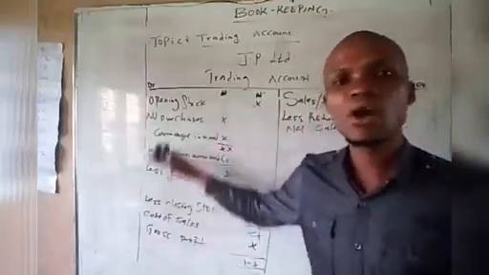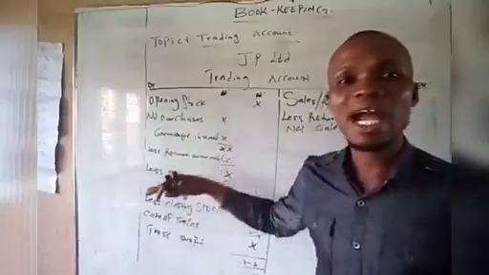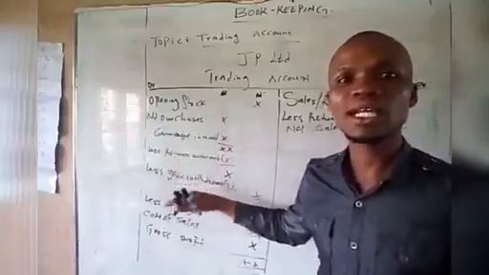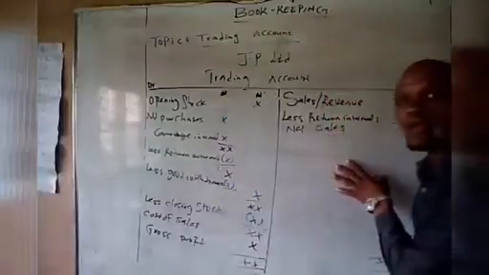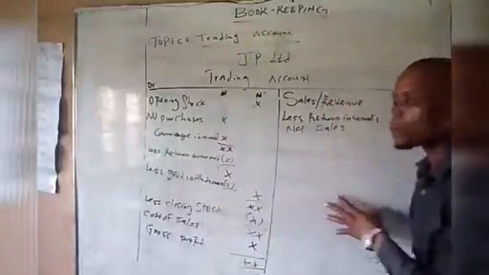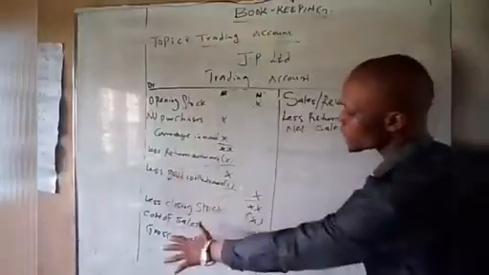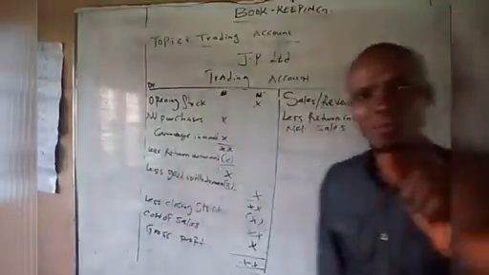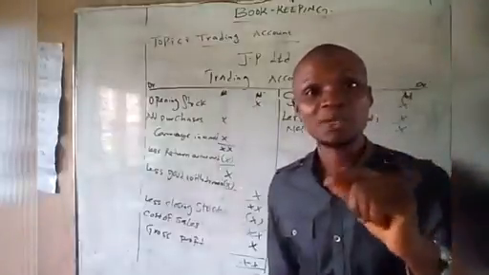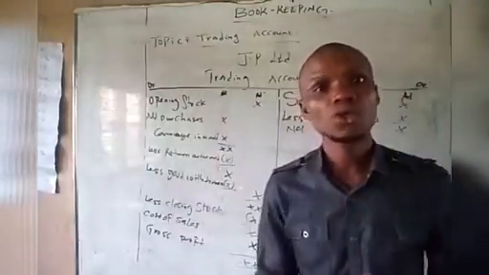Those items that are recorded on the debit side of trading account are items of expenses, while those items that are recorded on the credit side are items of income. And remember, trading account is prepared to determine the gross profit or loss of a business.